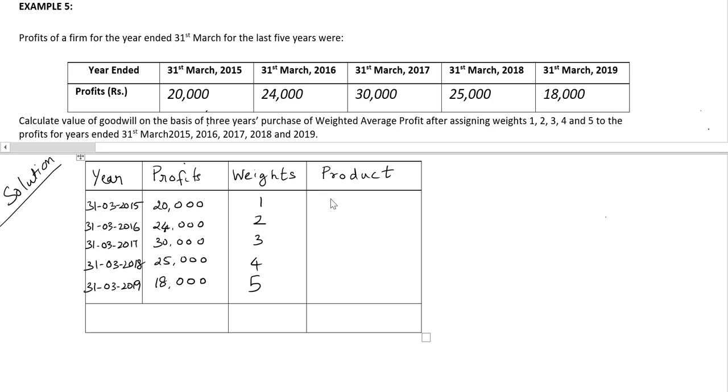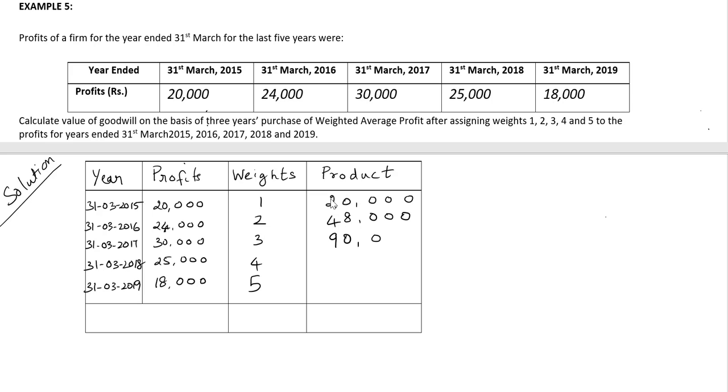The first item 20,000 into 1, 20,000. 24,000 rupees into 2 is 48,000. 30,000 rupees into 3, 90,000. 25,000 rupees into 4, 1 lakh rupees. And 18,000 rupees into 5, 90,000 rupees.